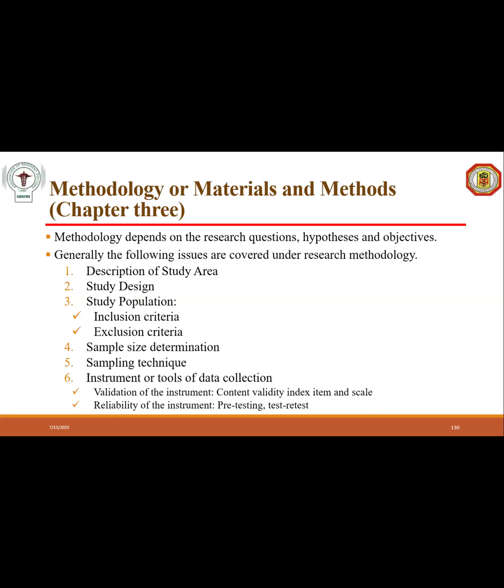Because not all the pregnant women you are interested in. So maybe here my study, I'm interested in those that have spent 6 months in the clinic. Only those that have spent 6 months, or only those that are aged 18 to 55. So you see, even if you are a pregnant woman, if you have not spent 6 months in this clinic, you are not included.